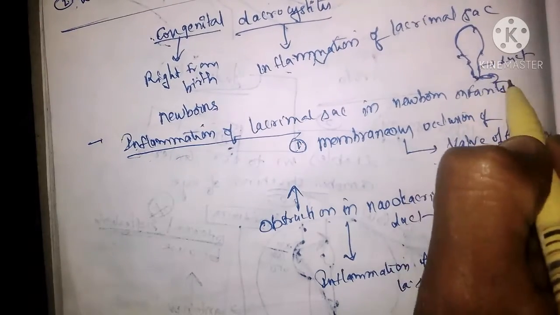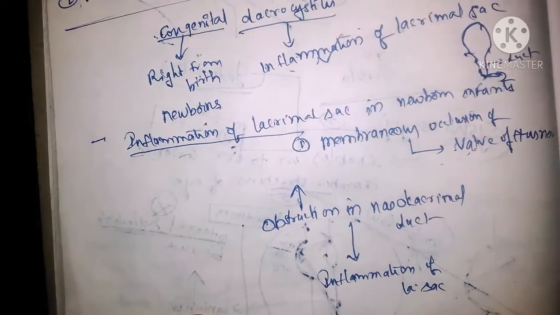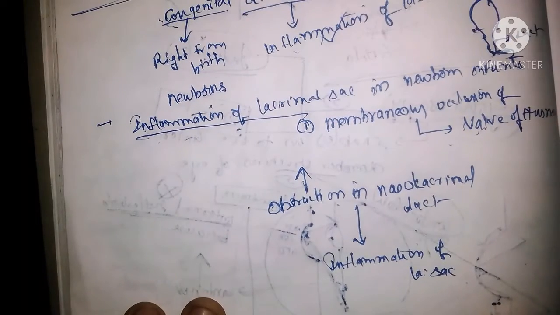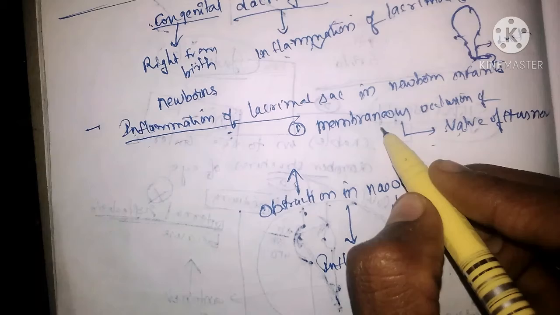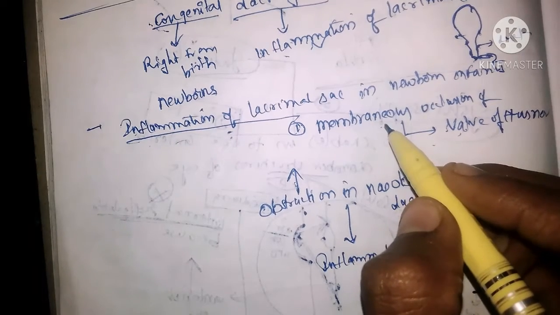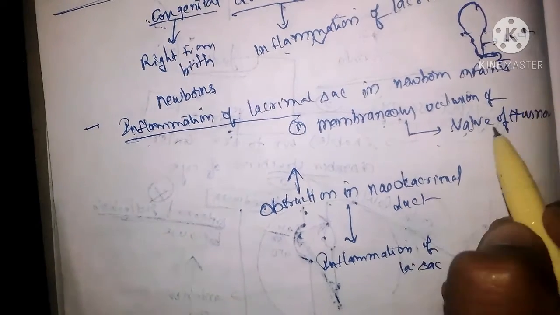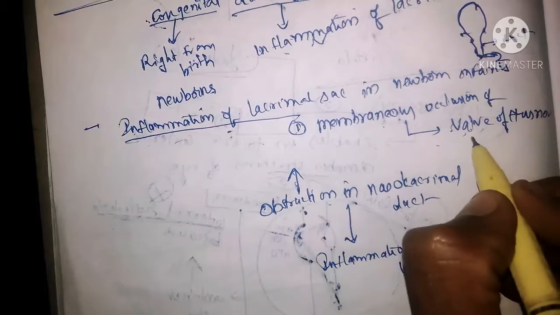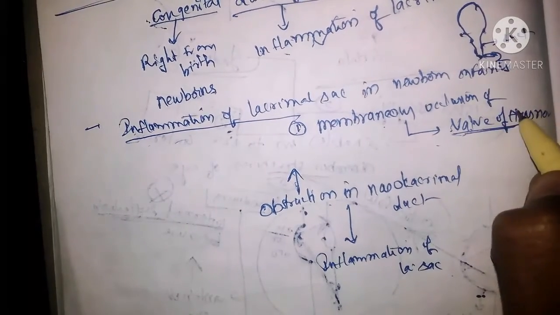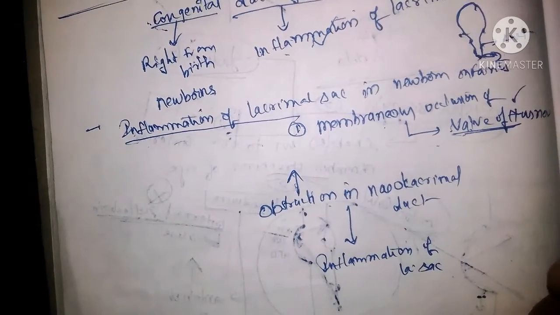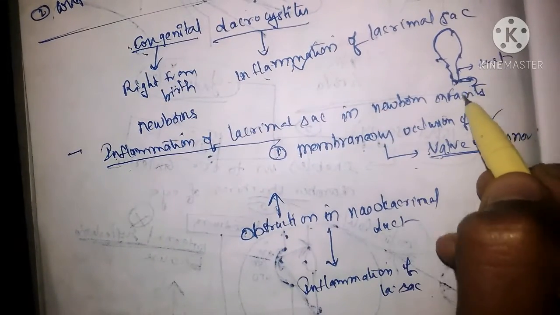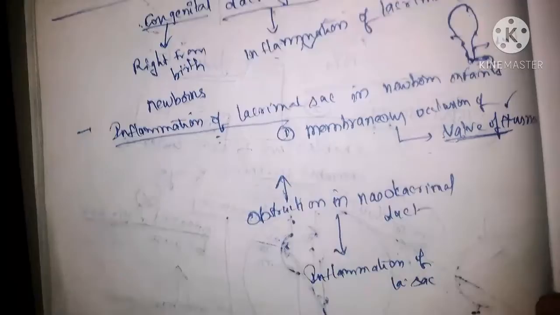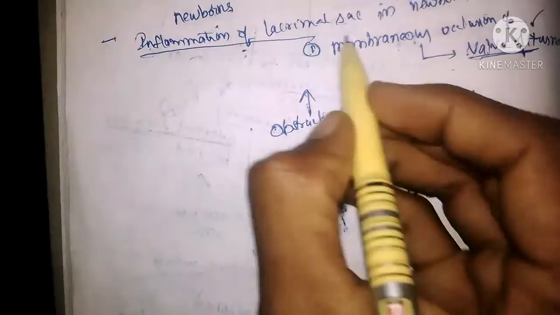That valve is the valve of Hasner. So at the valve of Hasner, you have membranous occlusion. I hope you understand what the valve of Hasner is. It is the valve present at the lower end of the nasolacrimal duct. Clear?